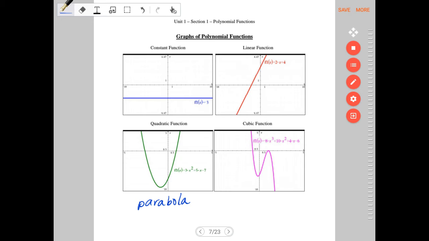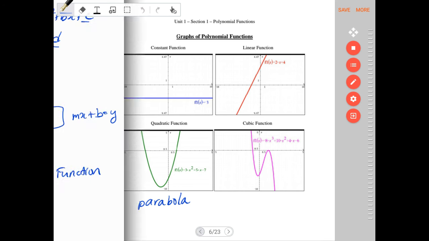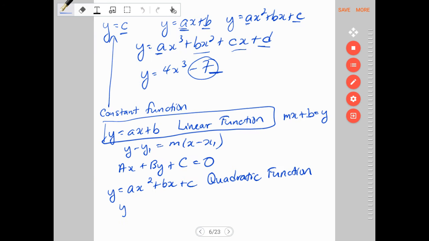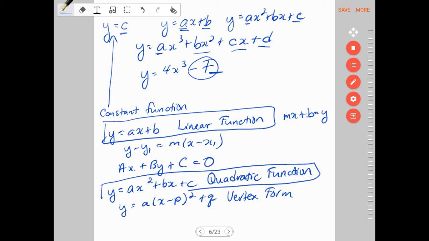You also may have seen the equation reading y equals a times x minus p all squared plus q, which was known as vertex form. Again, you may see it represented as that, but it certainly is the standard form that you're going to have to use in this case.